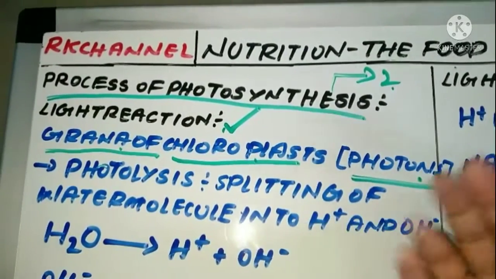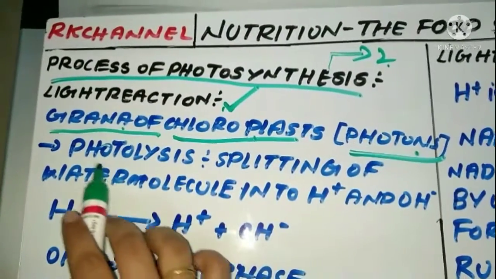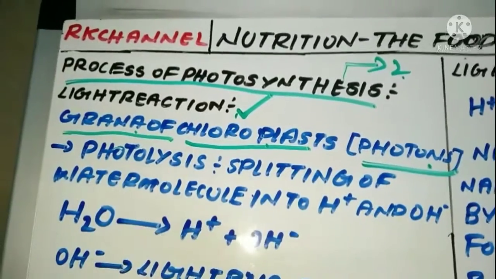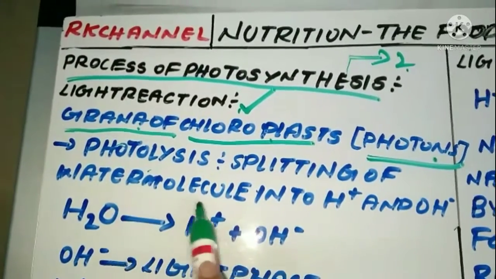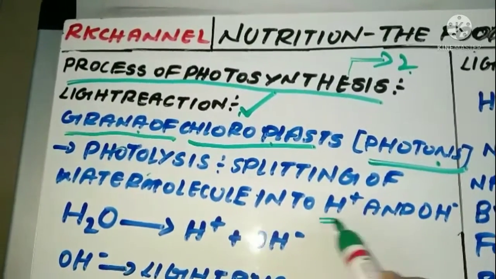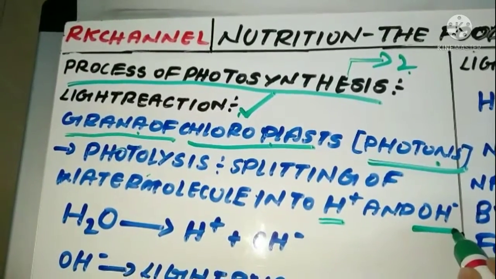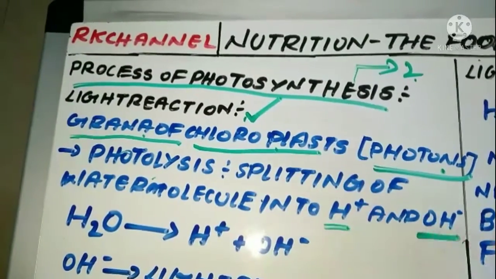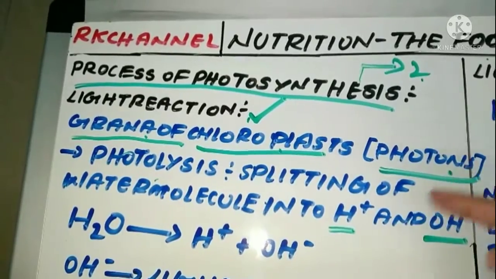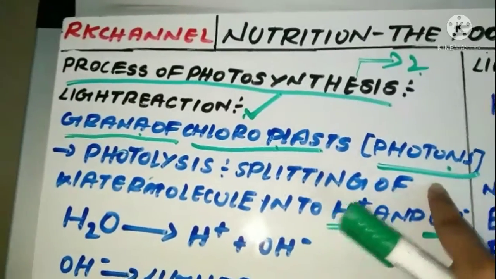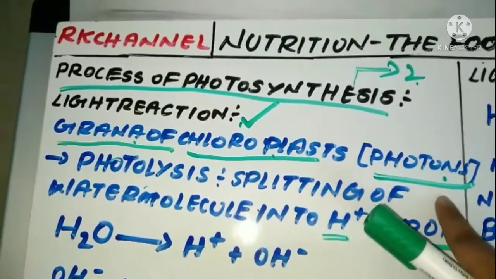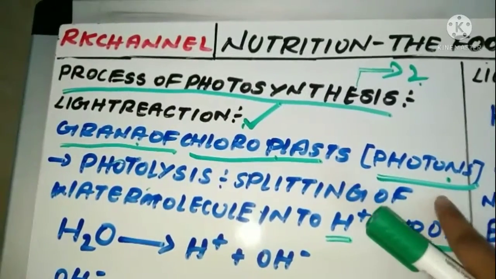The next step is photolysis. The second step is photolysis, splitting of water molecule into H plus and OH minus ions. That means the first step is chlorophyll becoming activated by absorbing photons. Photons are a unit of light energy, so this is also a type of energy.